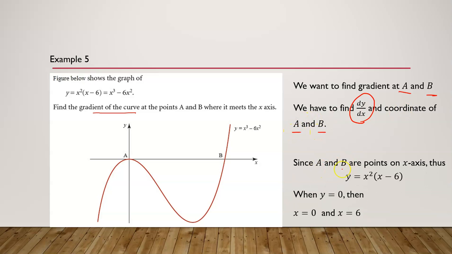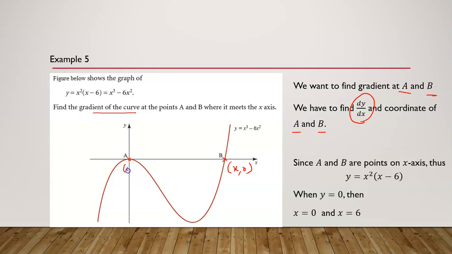Since A and B are points on the x-axis, thus we know that y equals 0. From here, you don't know what x is, but you know y is 0. In this case it is okay, because we know that it is on the origin.